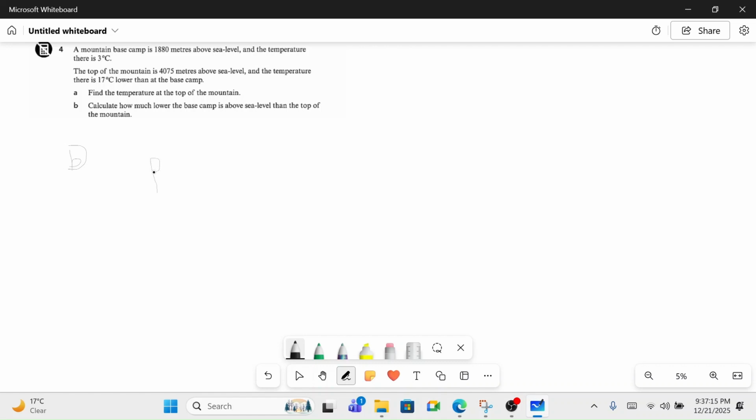So base equals 1880 meters. Sorry if my handwriting's not that good. And for this I'm going to use MT, okay? MT equals 4,075 meters.